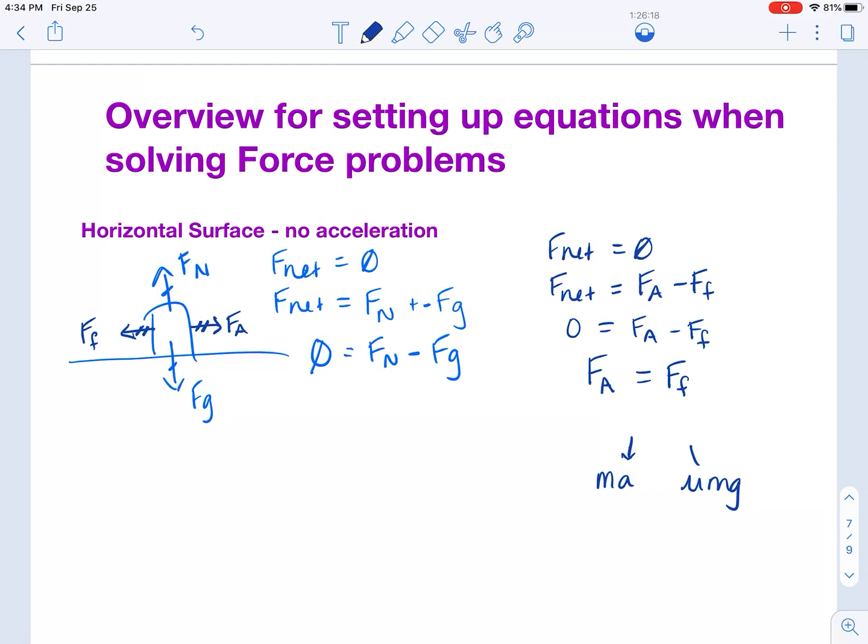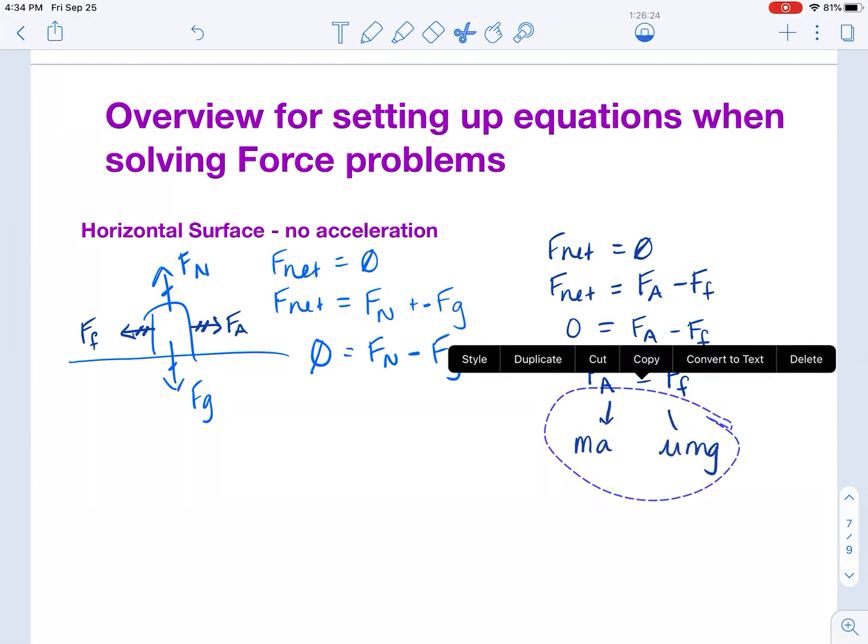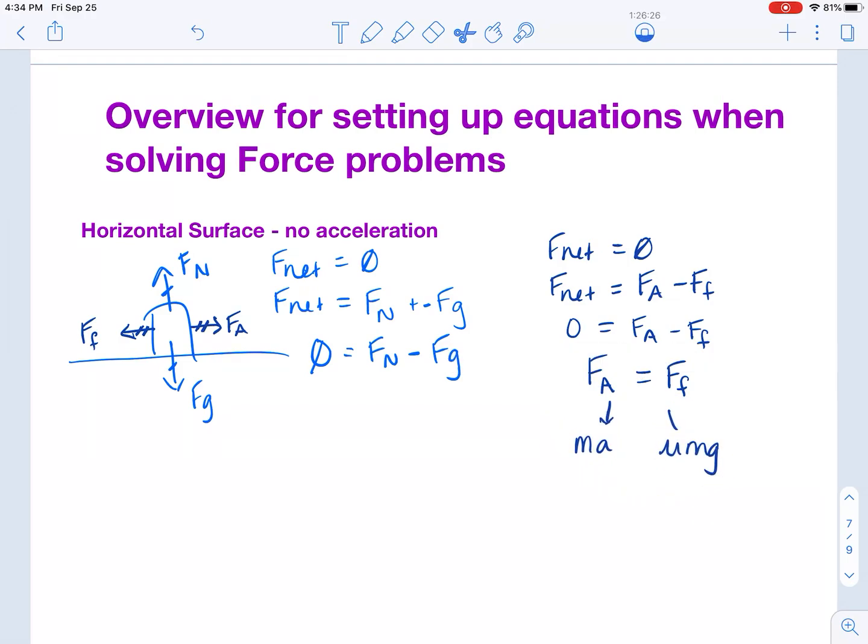So you can choose to write it FA equals FF, and then once I go to expand it, this is still how those details are going to be expressed. So I would maybe write my formula like this. It just depends on what information you are working with in the problem, okay?